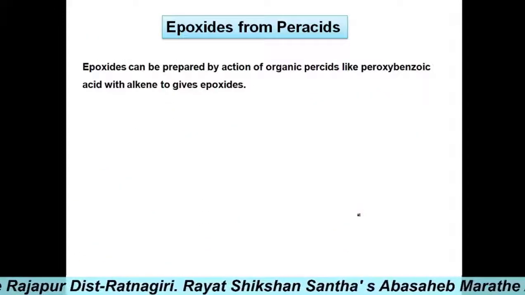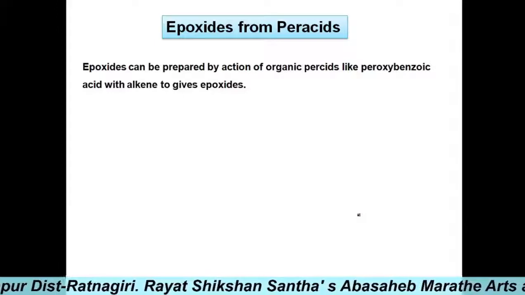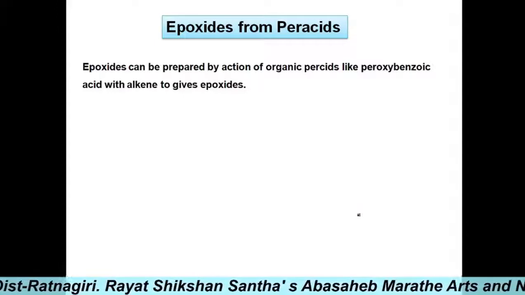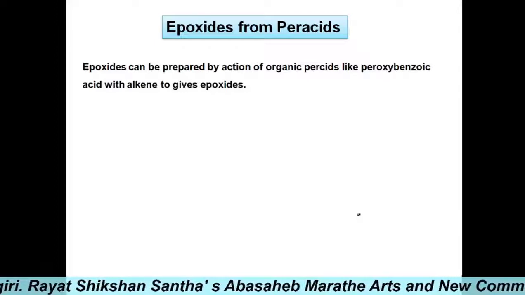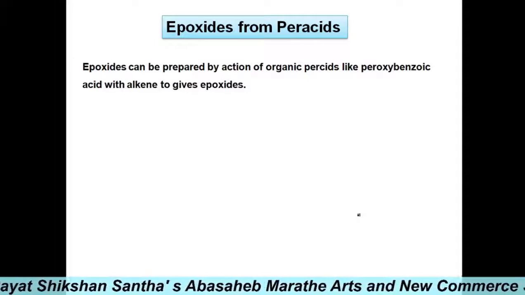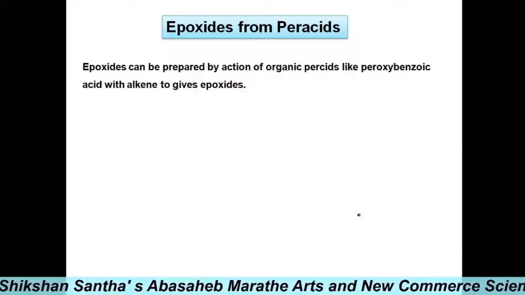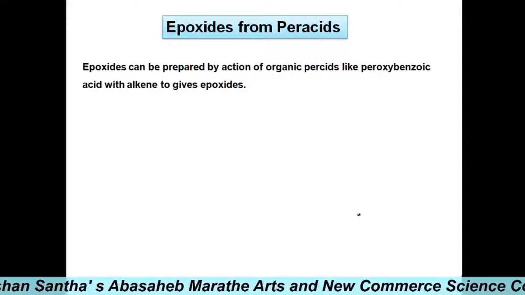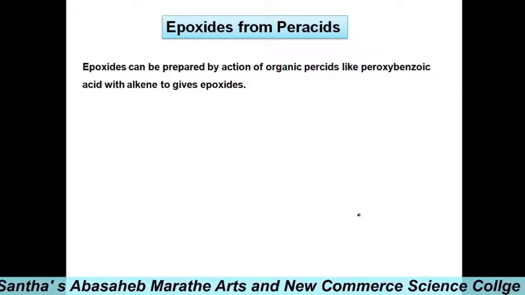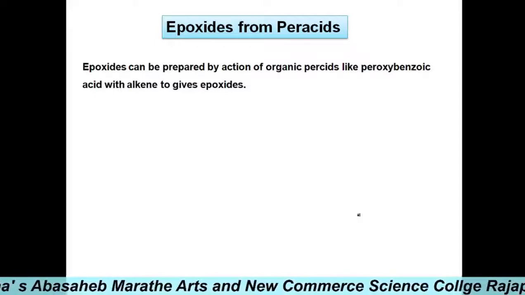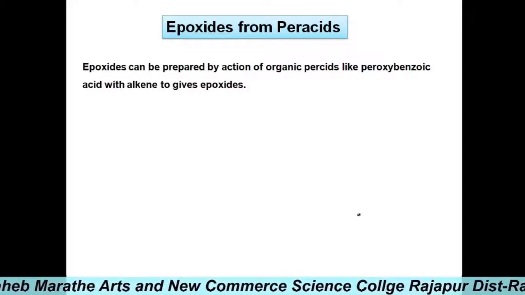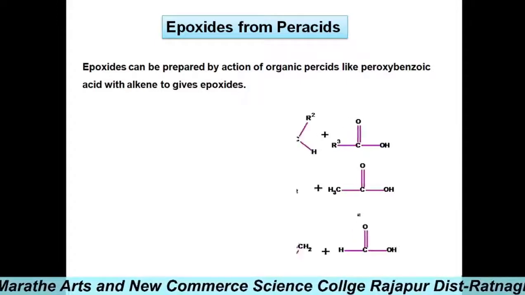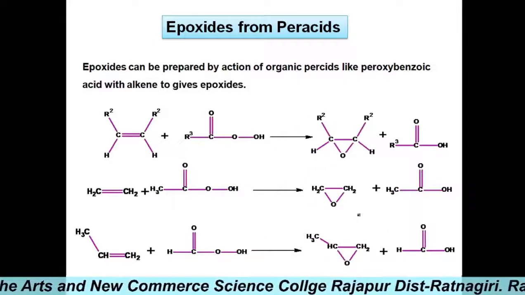Next, epoxide from peracids. You know that epoxides can also be prepared using peracids, by the action of organic peracids on alkenes. The oxygen atom from the peracid is added across the double bond to give the epoxide like this.